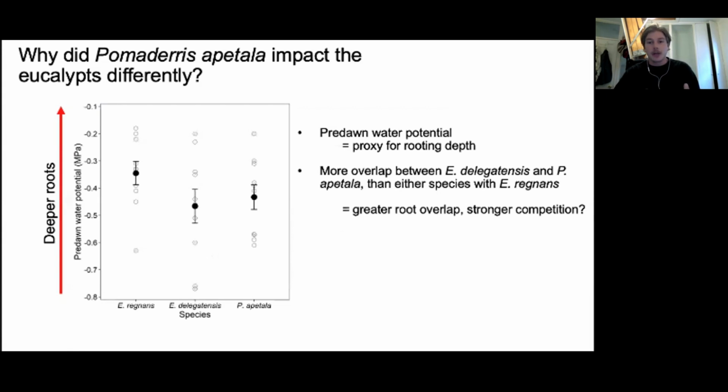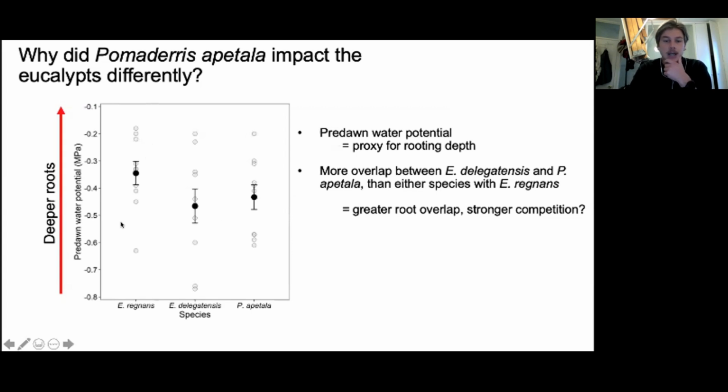So therefore, after a period of dry weather, the less negative pre-dawn water potential means that the plant has greater access to soil water or deeper soil water reserves. So the points here just show the mean and standard error in black, and the grey points show the raw data for 10 plants of each species.